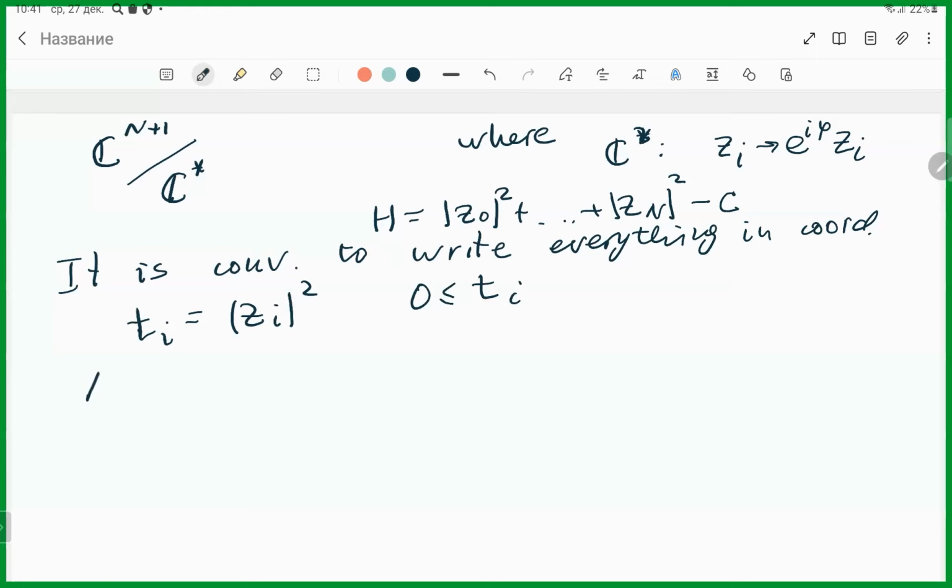So we can write down the case n equals 1. Well, that's what we have.